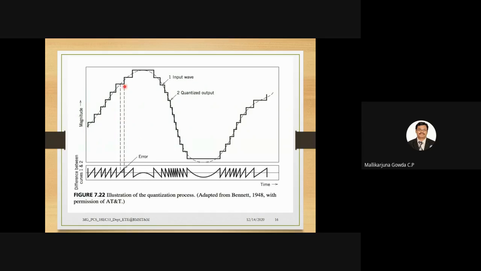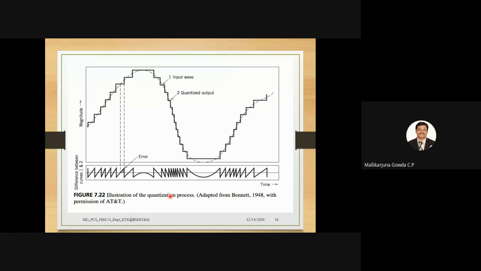The difference between input and output will be an error, and that keeps repeating. Here it is taken at positive peak and negative peak, and the rest of the time it oscillates between plus delta by 2 and minus delta by 2.